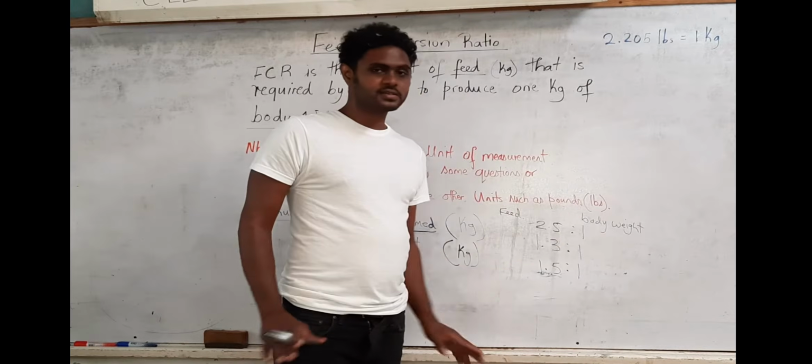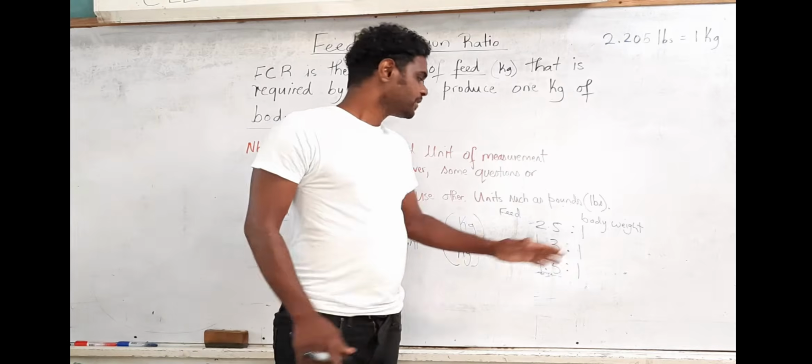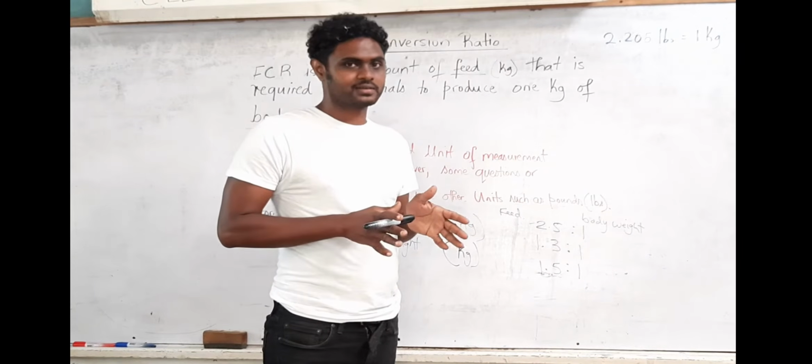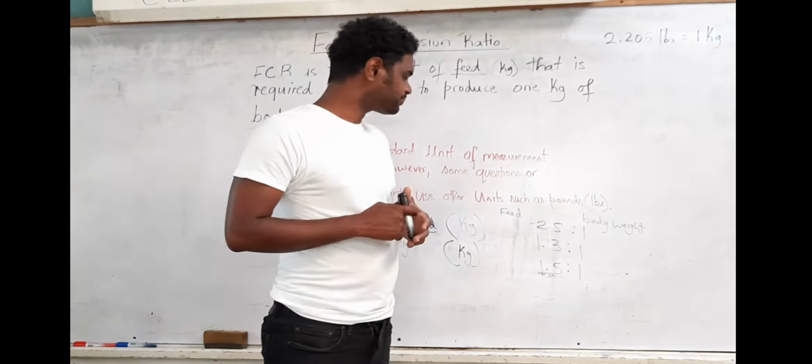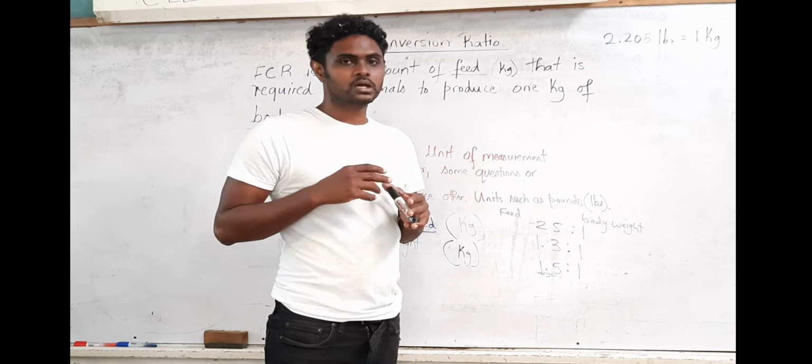Now the one over here is constant. That's how the ratio is written for all FCRs. Okay? The one speaks about the body weight. That is standard.